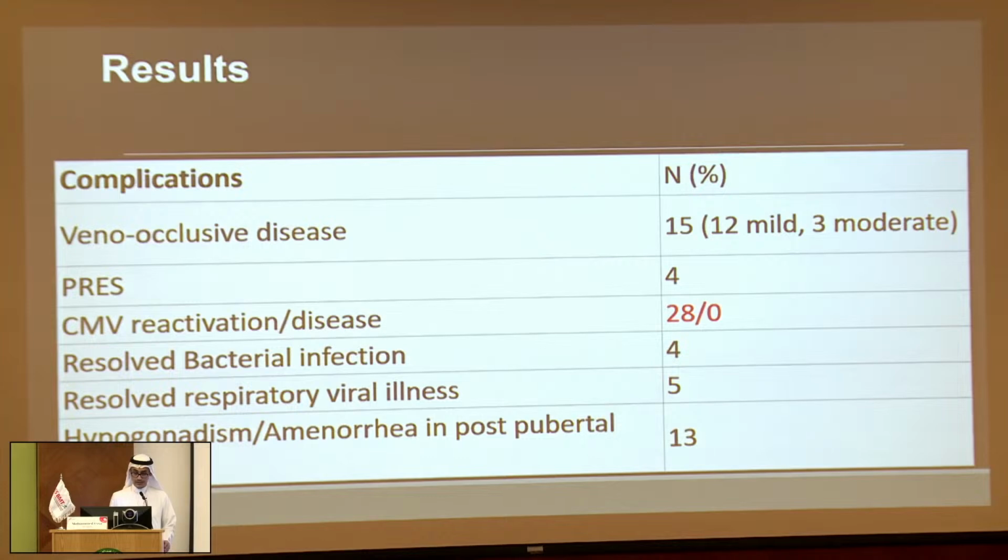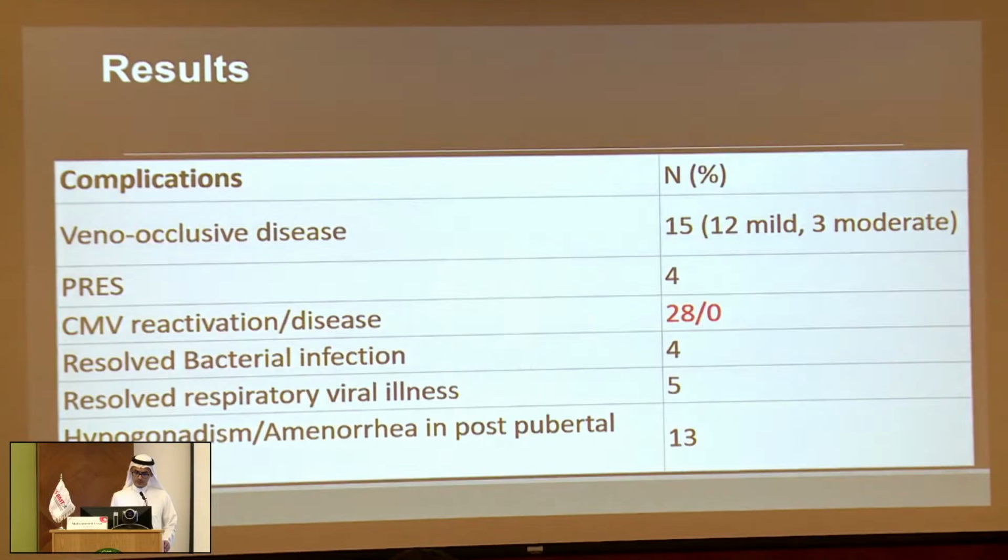with no graft failure. And the main complications were mild VOD in 15% and occasional PRES, although they are managed as with many other patients with sickle cell, with Keppra prophylaxis, keeping the platelets high, and blood pressure control.